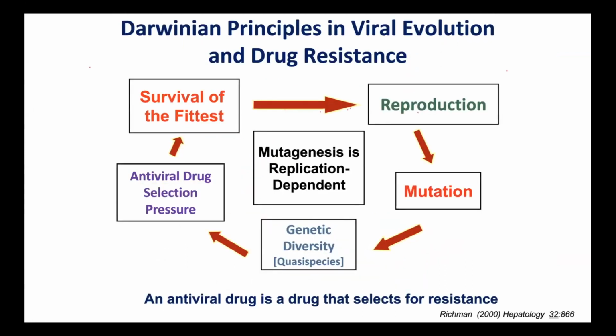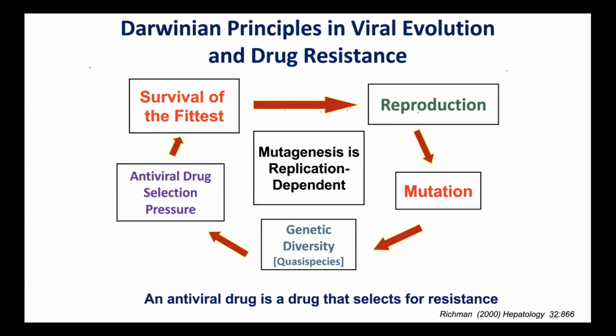So this is a figure that I generated for hepatitis B virologists, but it applies to all microbes. And that is the Darwinian principles of virus evolution and drug resistance, that mutagenesis is replication dependent.